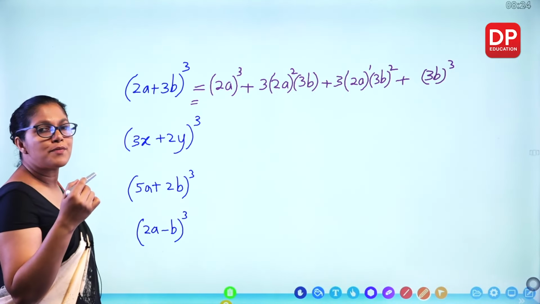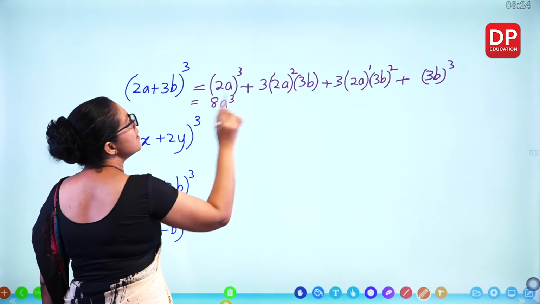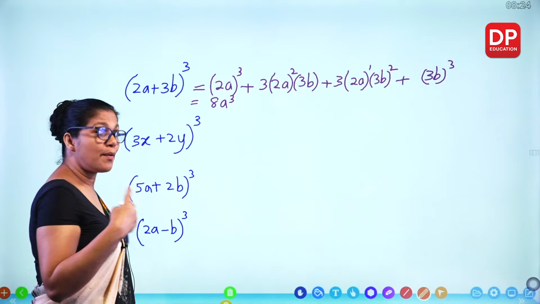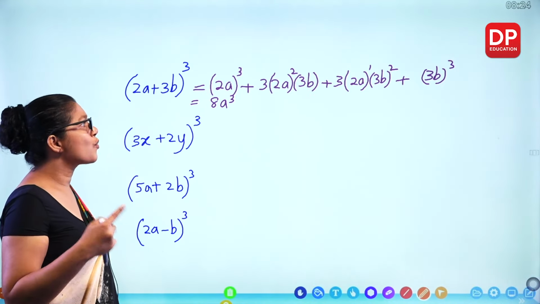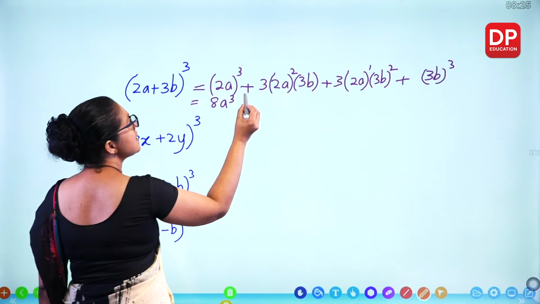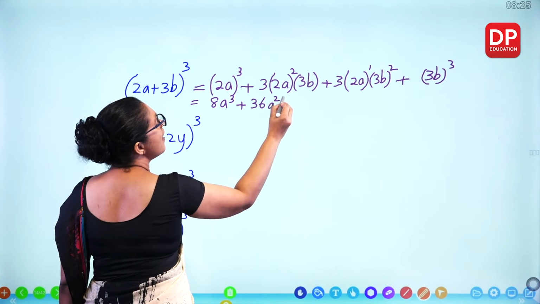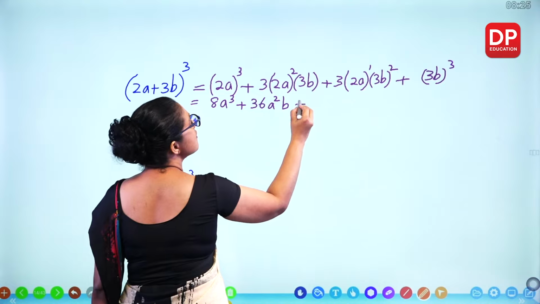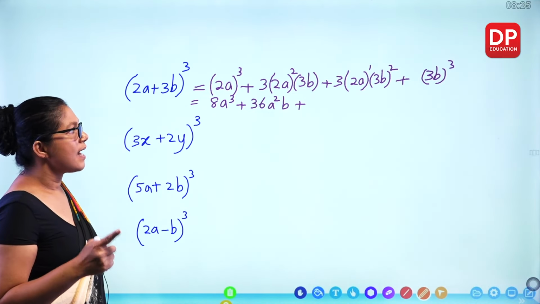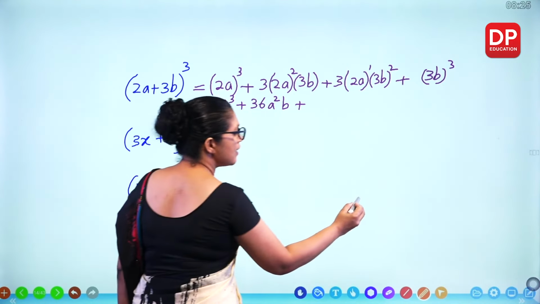2 times 2 times 2, you get 8. You get 8a cube. 2 times 2, here remember this, 2a times 2a. You get 4a squared. So 4 times 3, 12. 12 times 3, 36. A squared b. What's the number you are getting now? 3 times 3, 9. 9 times 2, 18. 18 times 3.